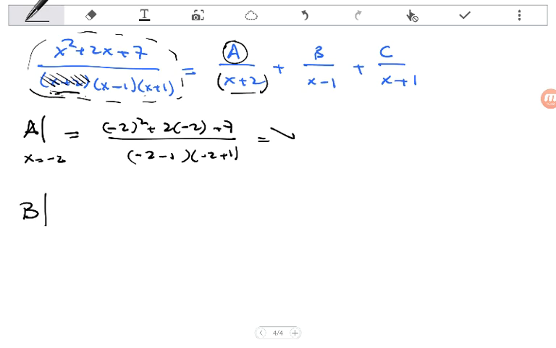Now I want to find the value of b. I substitute x equals to positive 1. Okay, where would I substitute it? In this expression, only by covering which bracket now? What would I cover? The second, yes, the second bracket.